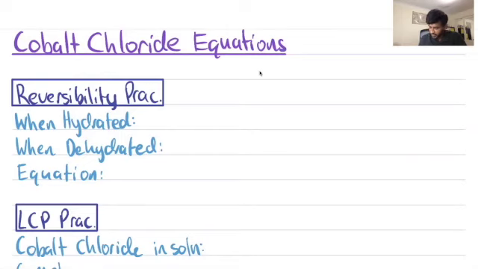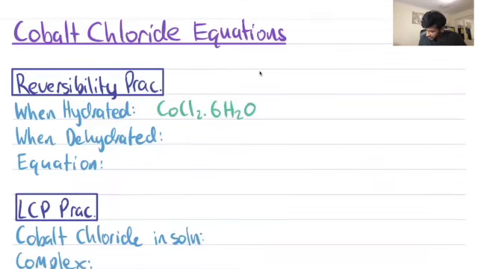Just to recap, the reversibility prac is the one where we're heating it up, removing the water completely. So we have cobalt chloride in two states: its hydrated and its dehydrated state. In its hydrated state, cobalt chloride exists as CoCl2.6H2O, and this is going to be pink.